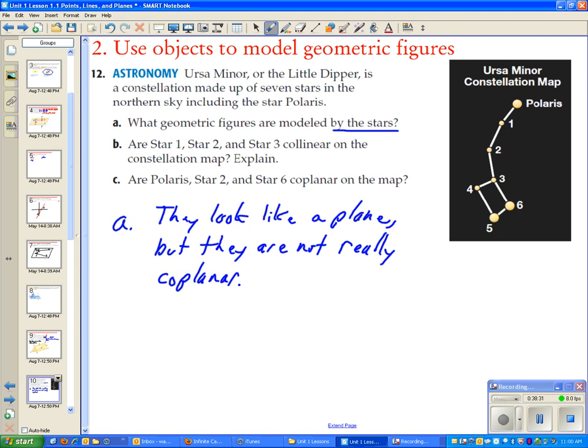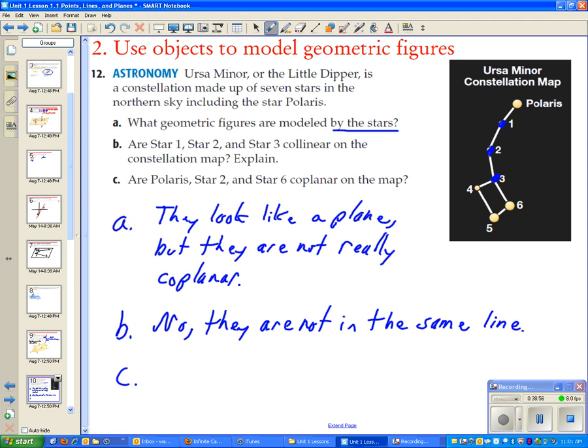So there's star 1, there's star 2, there's star 3. Are they collinear? No. They're not all in the same line, are they? They're coplanar now that we're talking about a map, but they're not collinear. B. No, they are not in the same line. Making sense?